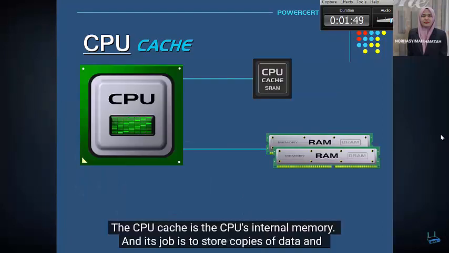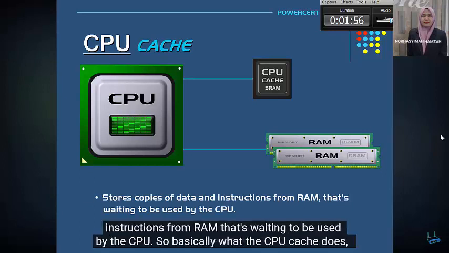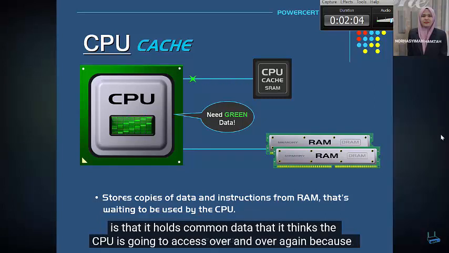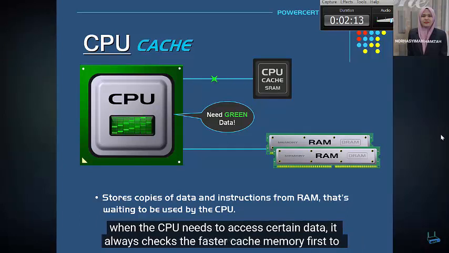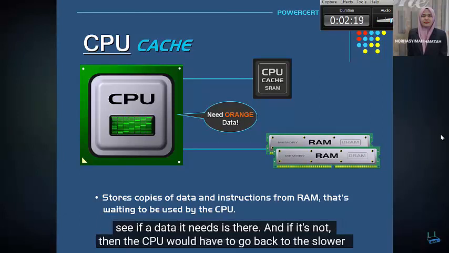The CPU cache is the CPU's internal memory. Its job is to store copies of data and instructions from RAM that are waiting to be used by the CPU. So basically what the CPU cache does is that it holds common data that it thinks the CPU is going to access over and over again. When the CPU needs to access certain data, it always checks the faster cache memory first to see if the data it needs is there.